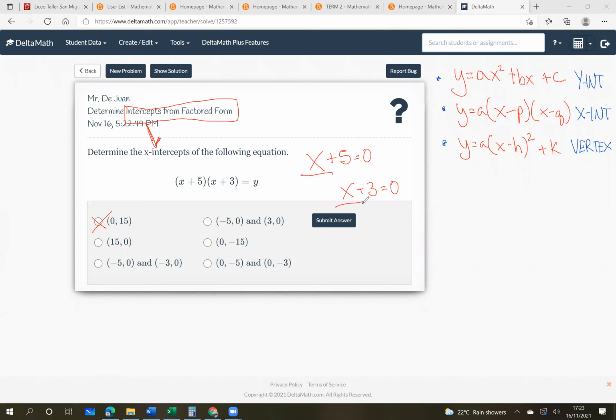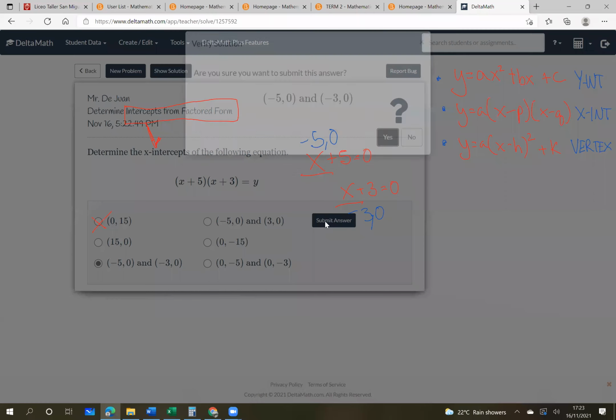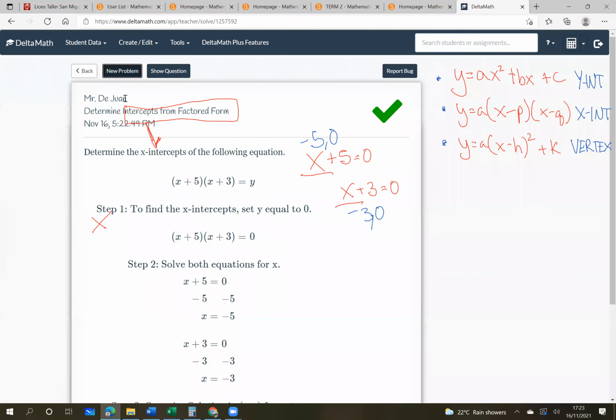Well, x here clearly has to be negative 5 and x here clearly has to be negative 3, so the points are (negative 5, 0) and (negative 3, 0), because that's where the x-intercepts are. Observing that, we see the answer is right here. We're going to click and click.